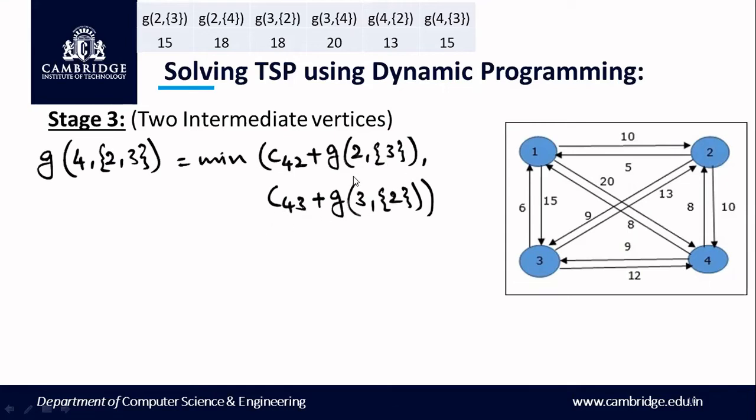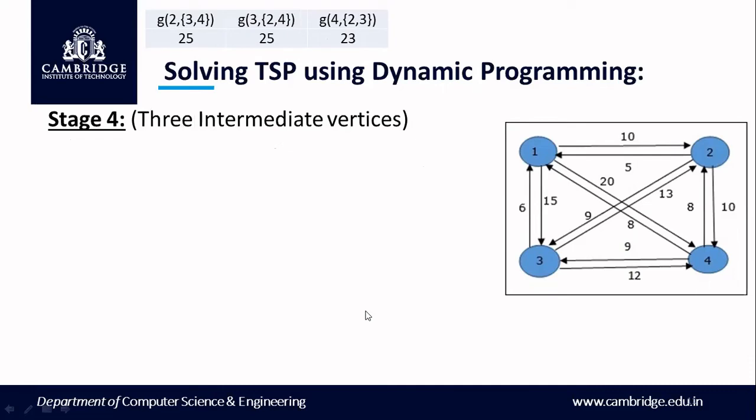Plus another option where you can also explore vertex 4 to vertex 3, that is cost of vertex 4 to 3 plus shortest path from 3 via the remaining vertex before it can reach its destination. So that can be given in the form as we have calculated.